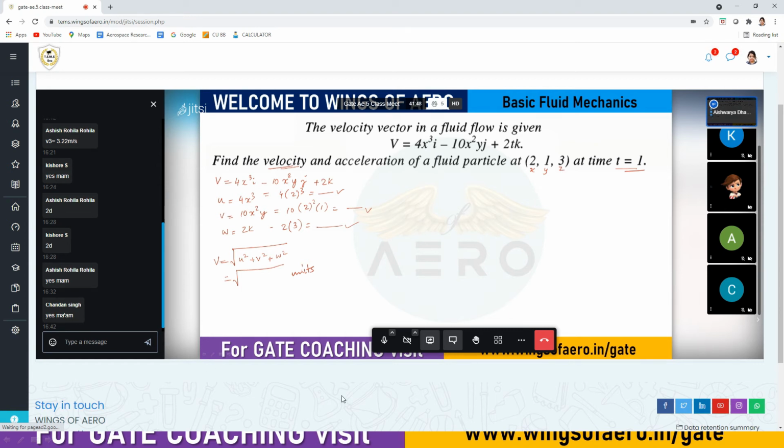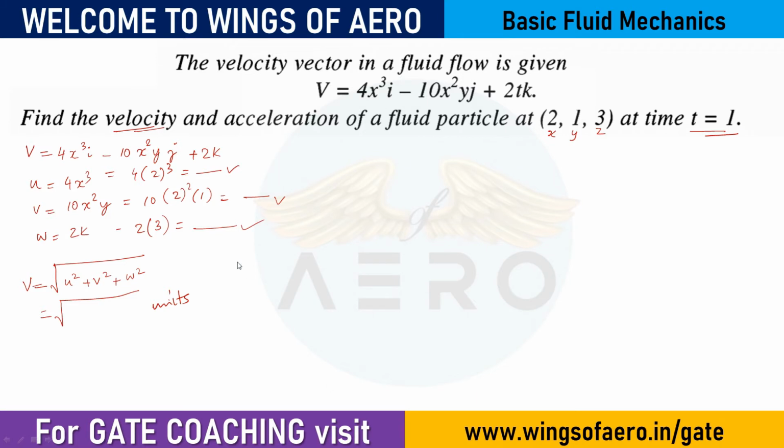Okay. Z is not given, right? Very good. Yes, z is not given. So it's just 2. Okay? It's just 2. Very good. Am I right?